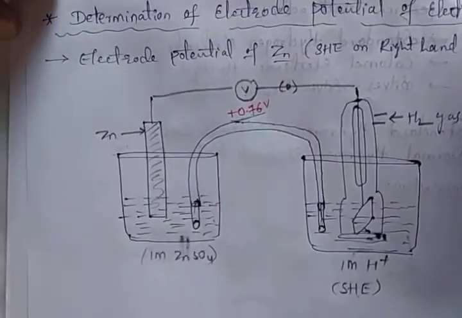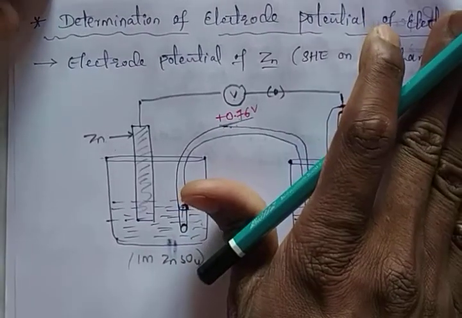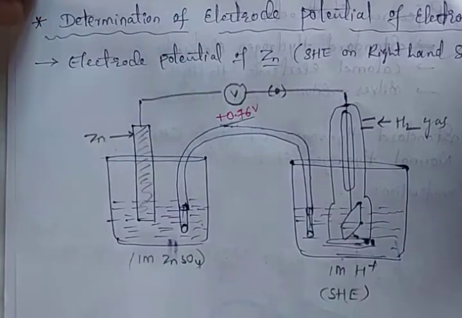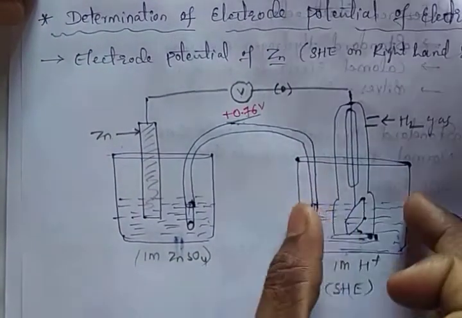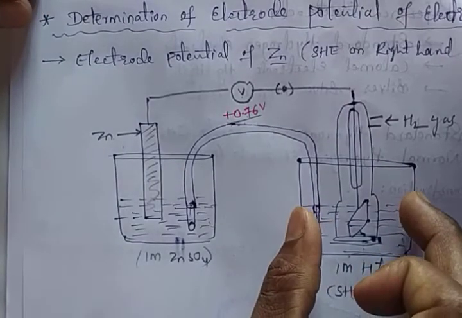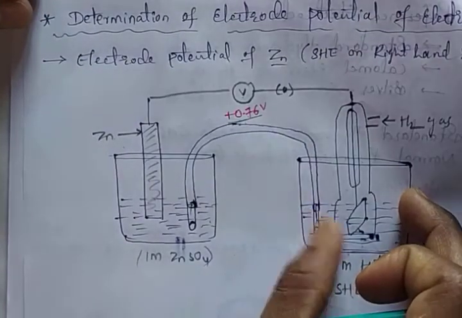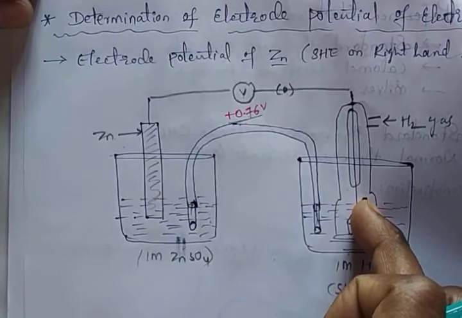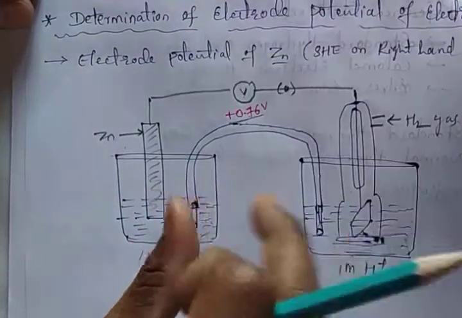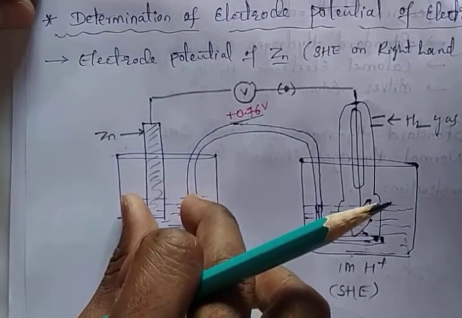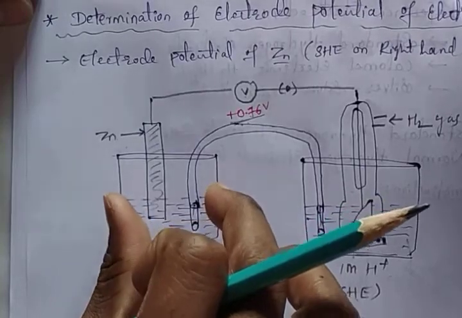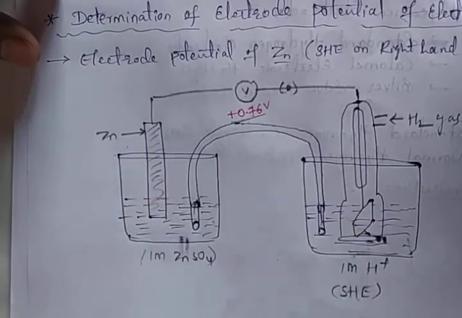Simple: electrode potential values of different electrodes can be measured with respect to the SHE. As in the last class, we know that when a half cell is connected at the right hand side, it acts as the cathode and undergoes reduction, and the other half undergoes oxidation. The left hand side undergoes oxidation, which is the anode and negative terminal.